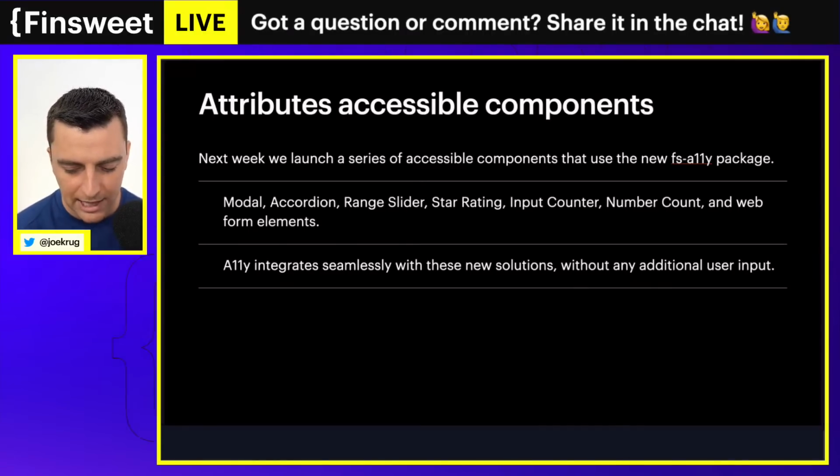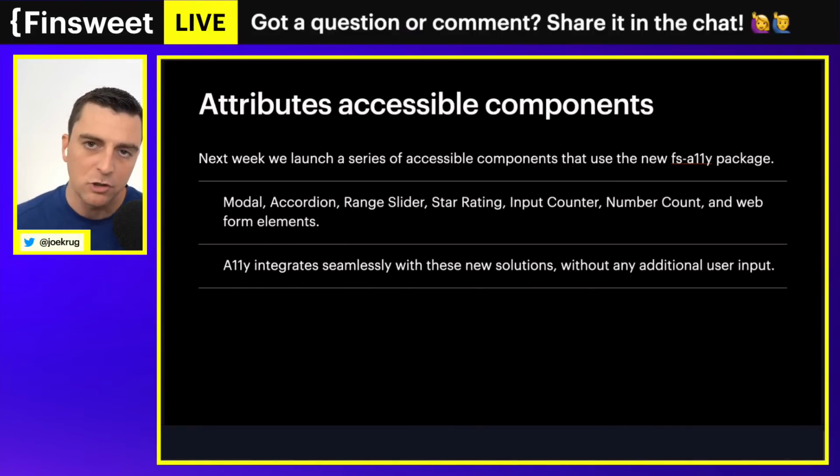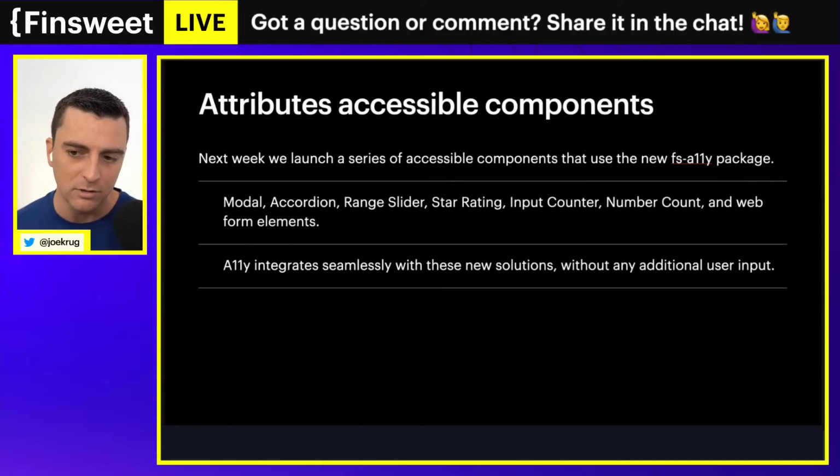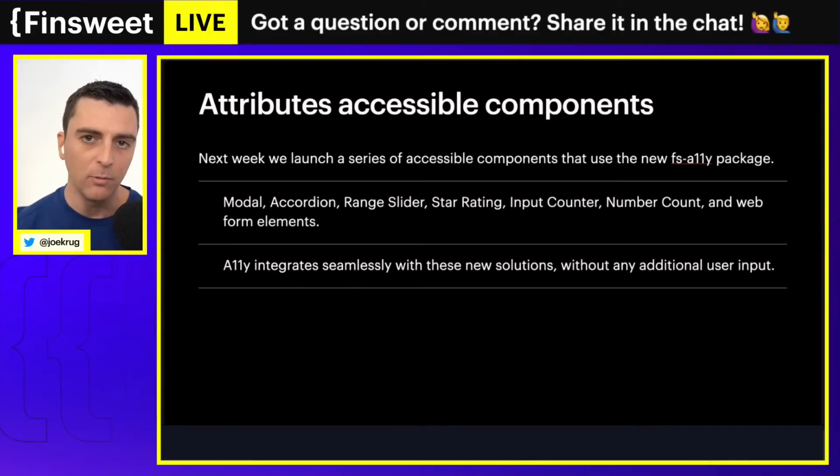And this is going to allow us to just work with accessibility. I'm going to set up my modal with a trigger, with the modal, and all of the accessibility attributes will be added automatically for me. It seamlessly integrates with the new solutions. And as we release new components inside attributes, Alley will be a really primary focus to make sure that we are building accessibly.